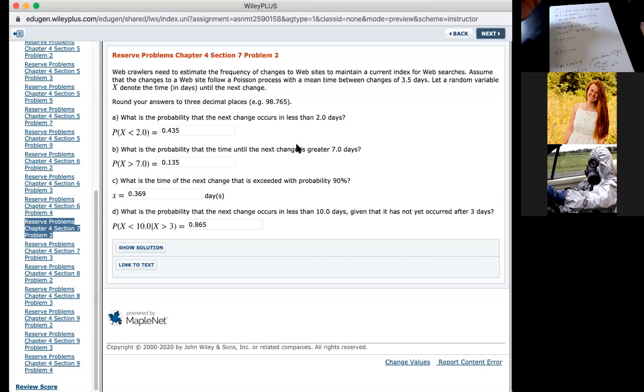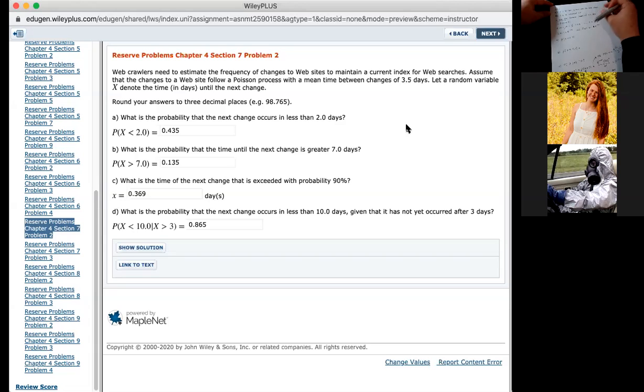So the first problem is from 4.7. Web crawlers need to estimate the frequency of changes to websites to maintain a current index for web search. Assume that the changes to a website follow a Poisson process with a mean time between changes of 3.5 days, and let the random variable X denote the time until the next change.